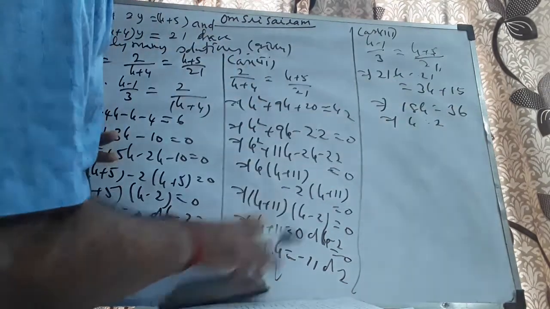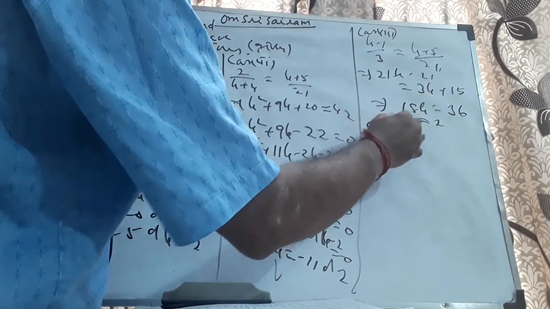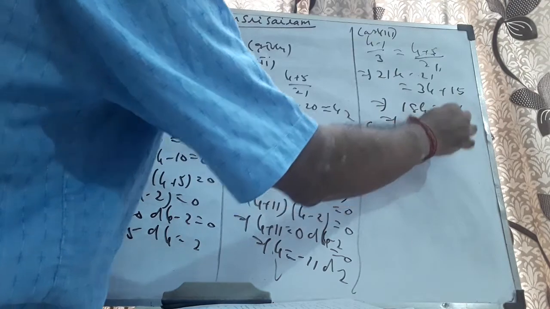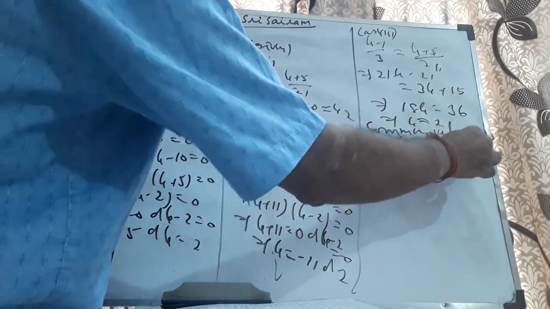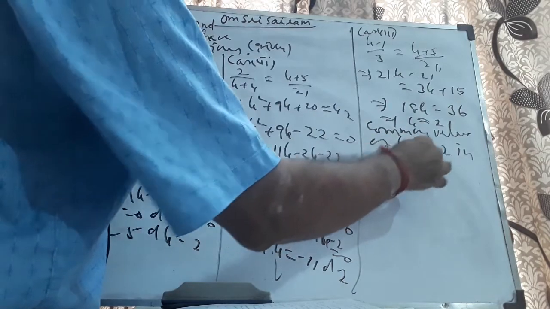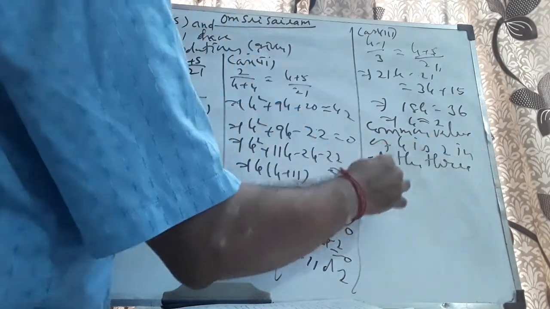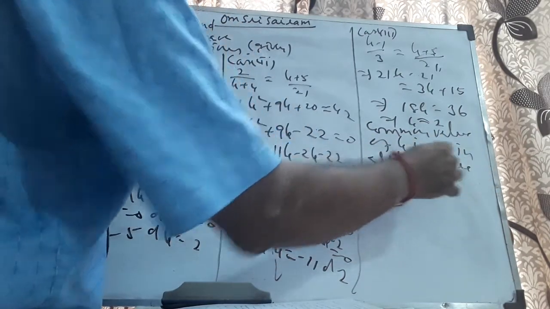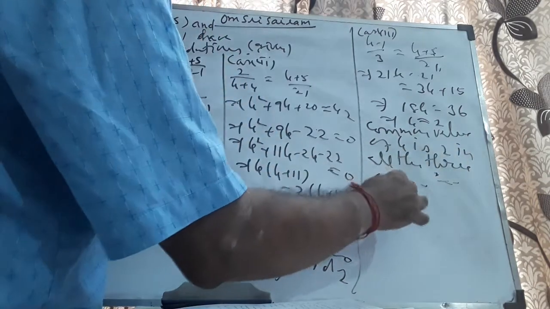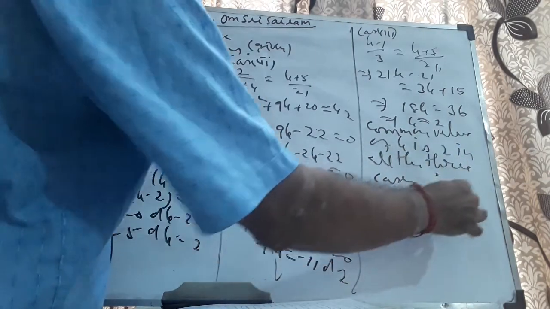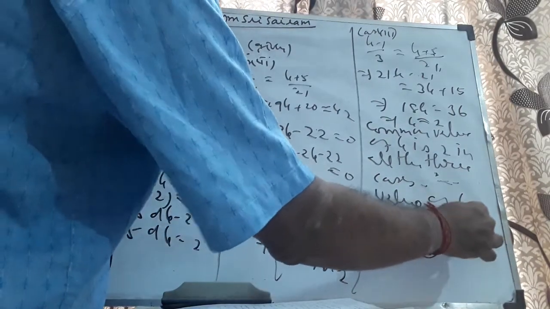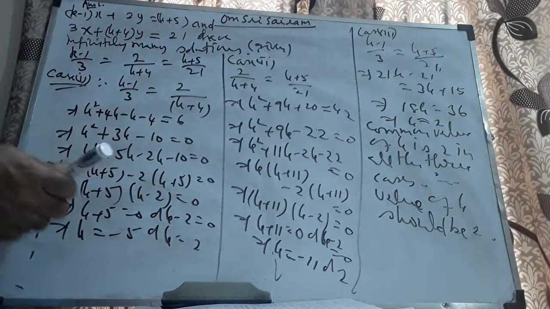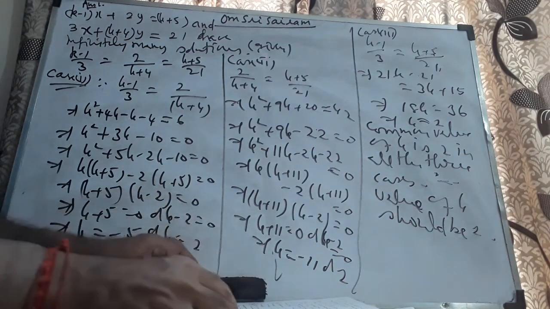The common value of k is 2 in all the three cases. Therefore, the value of k should be 2 for the given system to have infinitely many solutions.